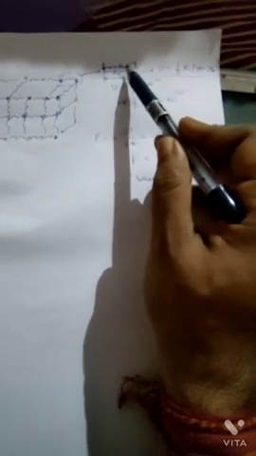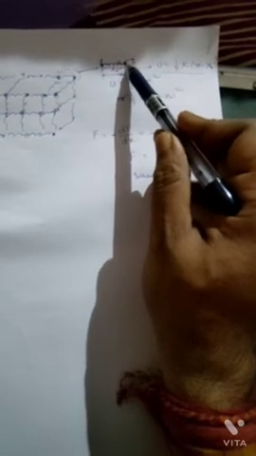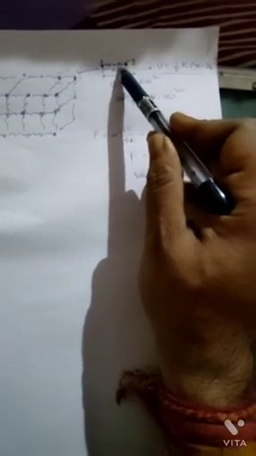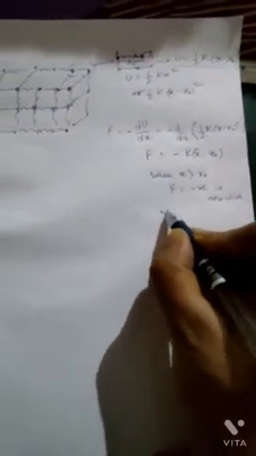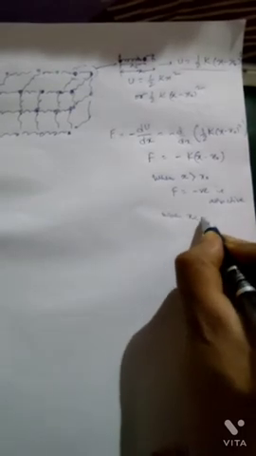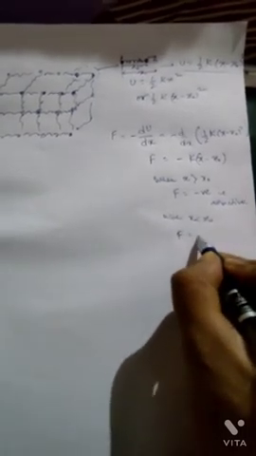Now if, instead of stretching, you compress it, what will happen? Then x is smaller than x naught. So when you compress, say when x is smaller than x naught, F will be positive, that is repulsive.